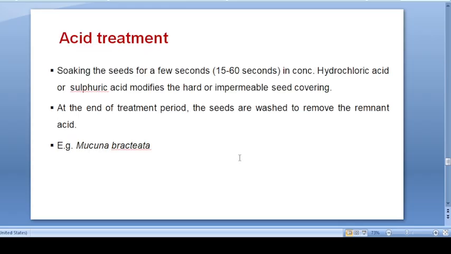Like acid, here we can use some acids like hydrochloric acid and sulfuric acid in very low concentration, with a short duration, 15 to 16 seconds.